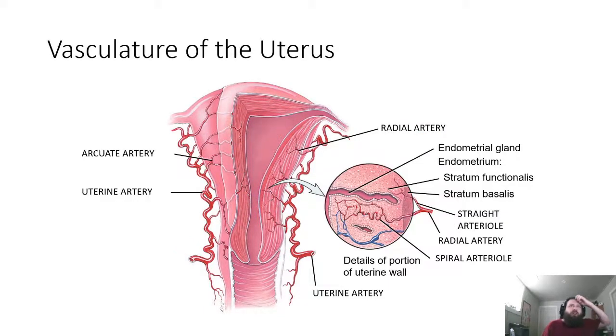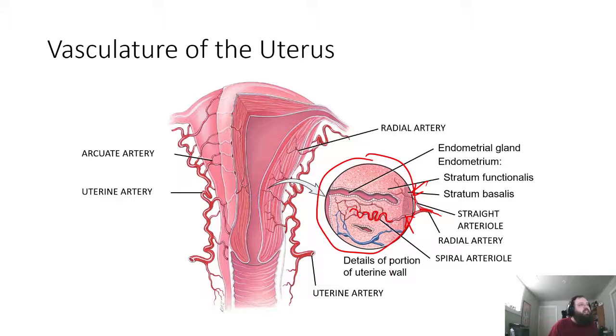And then before the radial arteries reach the endometrium, they divide into, and this is what we're focusing on here, they divide into two separate arterioles. So here's the radial artery going in right there, and we branch off into straight arterioles. And if the stratum functionalis is present, you will also start to see these spiral arterioles. The spiral arterioles are what supplies the stratum functionalis, and they're going to, as a result, change markedly through the menstrual cycle.